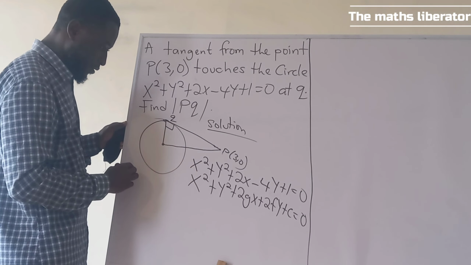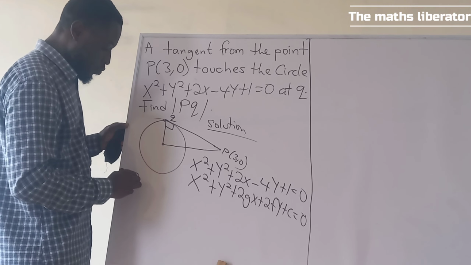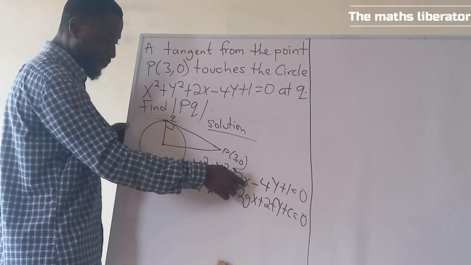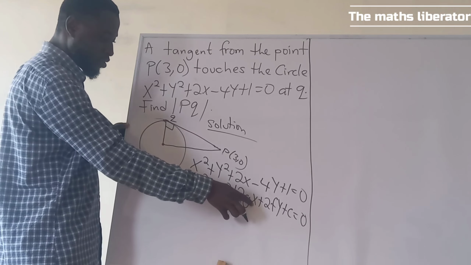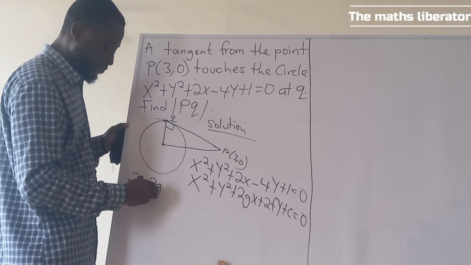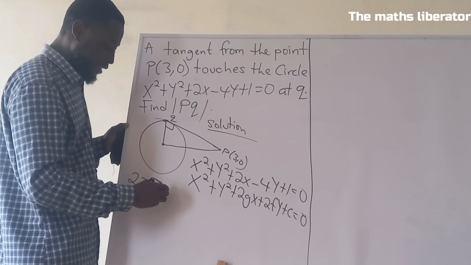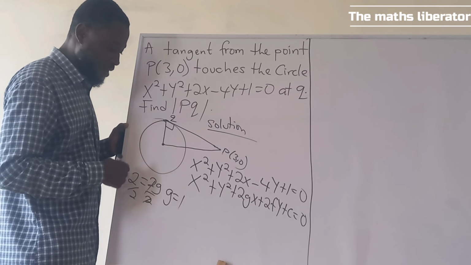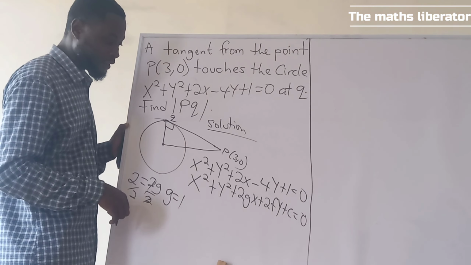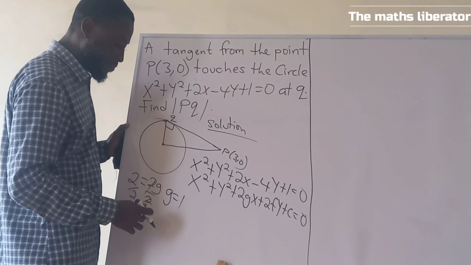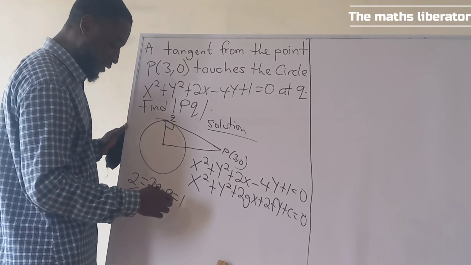Comparing the coefficient of x: 2 equals 2g. I'll divide both sides by 2, so my g will be 1. And for f, I do the same thing. I compare the coefficients.